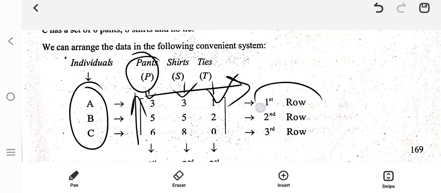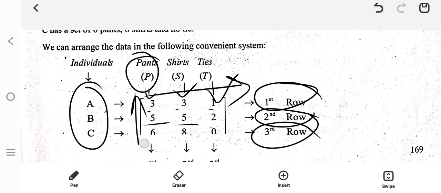From the first row we can see that individual A has three pens, three shirts and one tie, and from the second row individual B has 5 pens, 5 shirts and 2 ties, and from the third row individual C has 6 pens, 8 shirts and 0 ties, right?